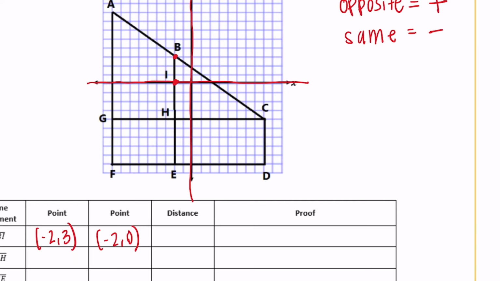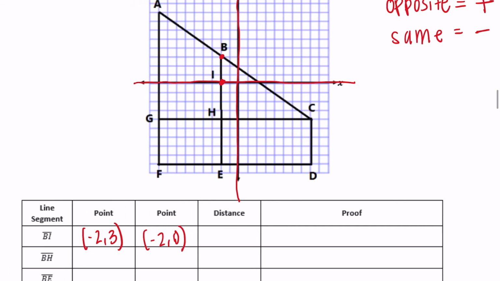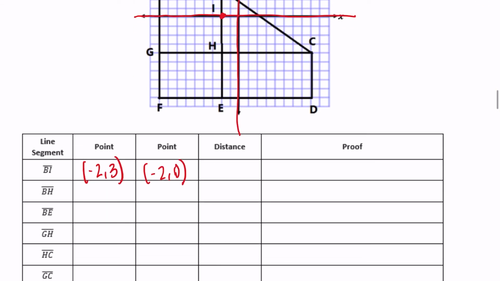So we're going to subtract. So let's do, they differ in the y coordinate. Let's do the absolute value of 3 minus the absolute value of 0 will be equal to 3. And actually you could add or subtract because you'd still get 3. But I just chose to subtract.